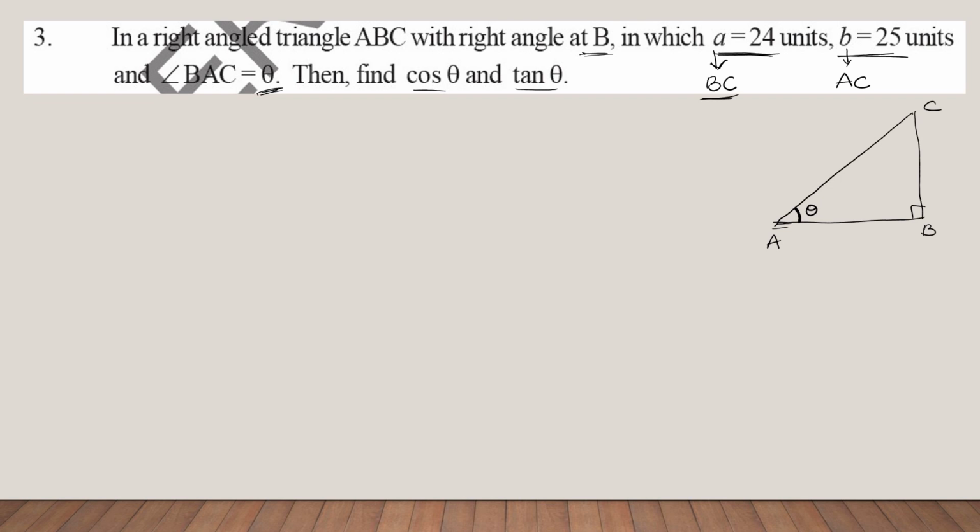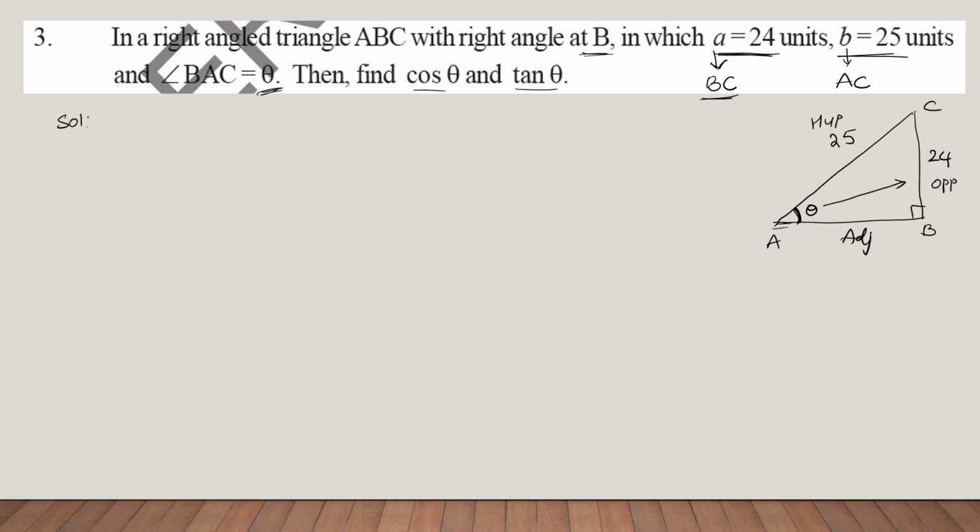So BC is 24 units and AC is 25 units. These are the things given here, right? Then we need to find cos theta and tan theta. Since theta is here, with respect to theta this side is the opposite side, this is the adjacent side, and this is my hypotenuse.